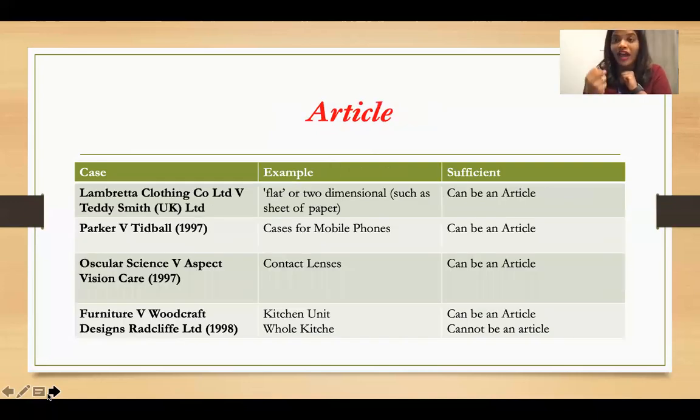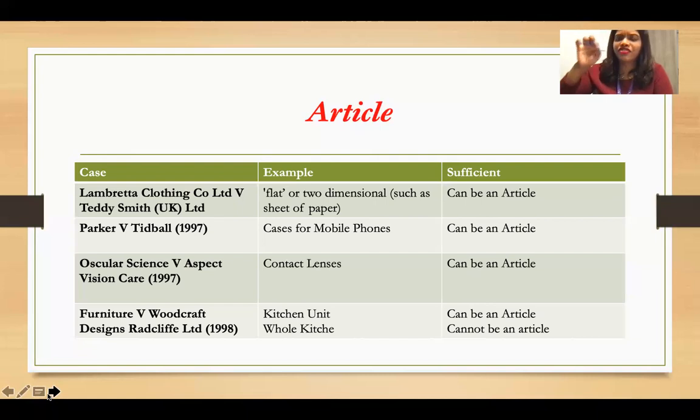Other than that, we also have a definition for article. Under Lambeta, the court said that if you want to show an article, you must make sure that it is either flat or two-dimensional, even like a sheet of paper. Do you all know what a doily is? It is a piece of paper used to separate biscuits or cookies, or at an exclusive tea party they usually put a white sheet which has a 2D design on the paper.